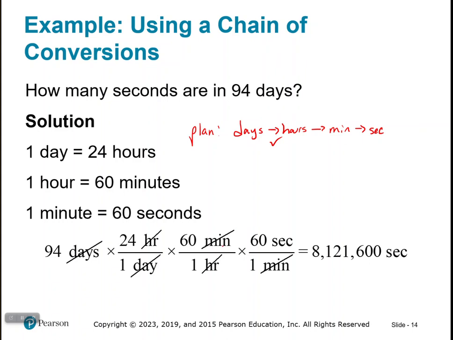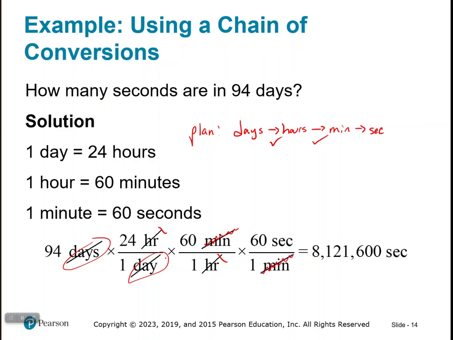Now, hours and minutes. Notice that the hour is in the numerator here. So hour should be in the denominator in our second written fraction, right? Minutes and hours are related, so we got that. So here we cancel days to days, hours to hours, and minutes, 60 minutes cancels the 1 minute that's in the 60 seconds.